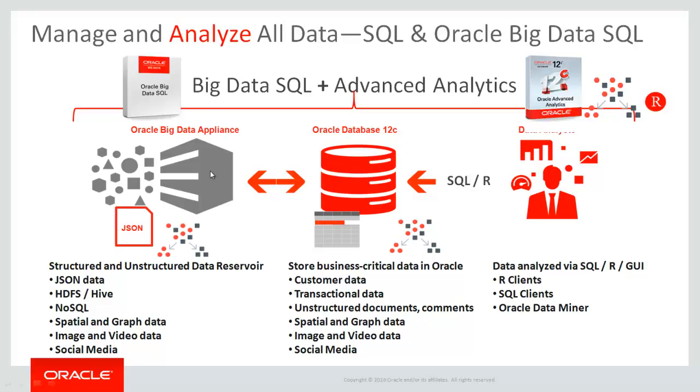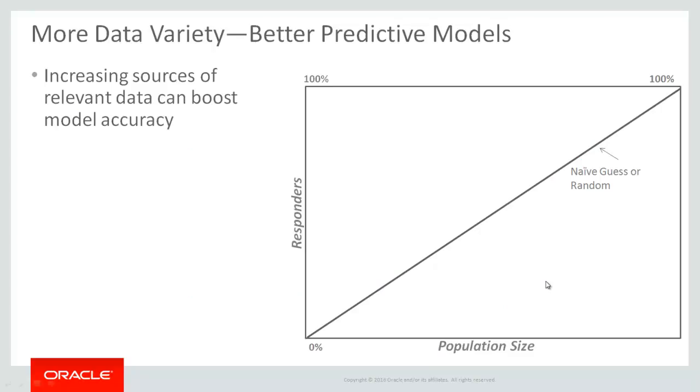Maybe just all tweets that have some relevance to shoes or hamburgers or this particular restaurant. I can filter that, I can join that data to the other data over here, and then any kind of data scientist can use the SQL client, the Oracle Data Miner GUI, or the R client to access and mine that data.